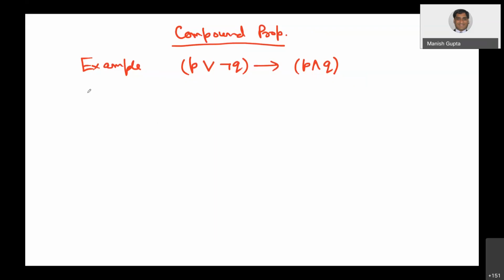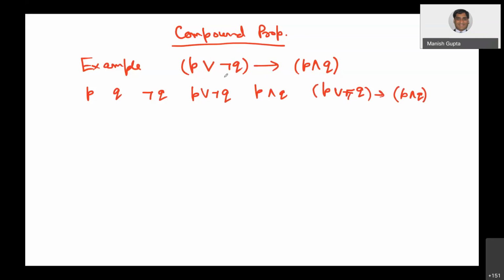I'm going to make the truth table for P, Q, negation of Q, then P join negation of Q, P meet Q, and finally our final statement, P join negation of Q implies P meet Q. So this is the conclusion.